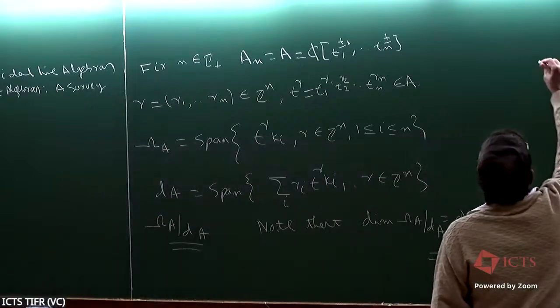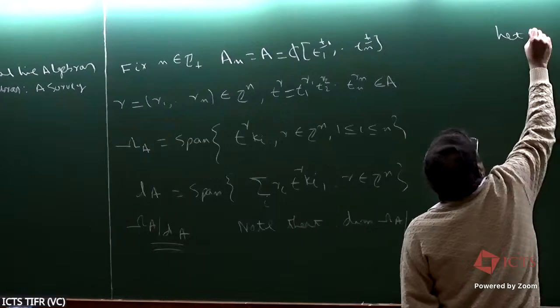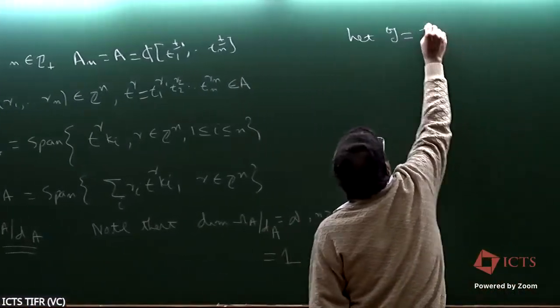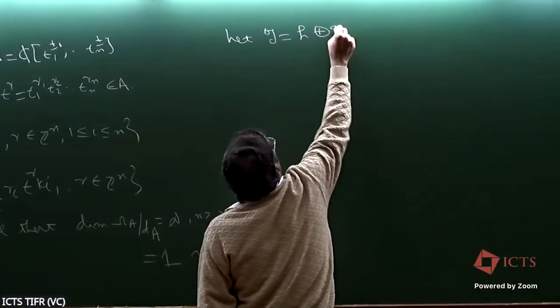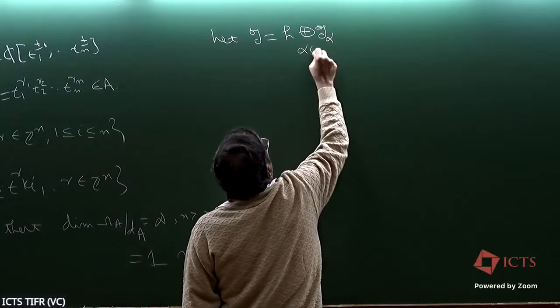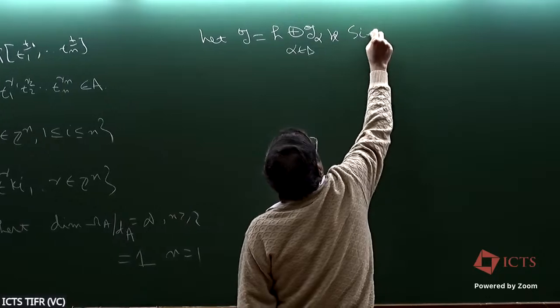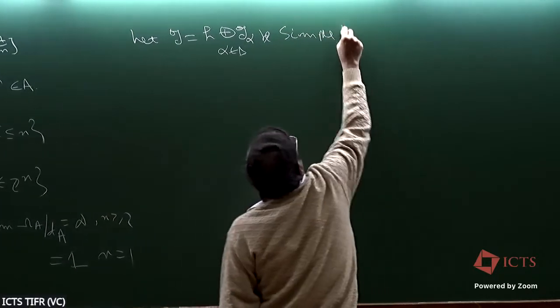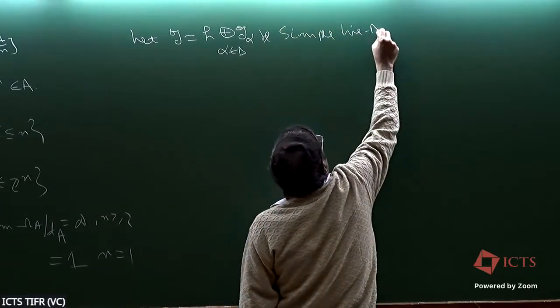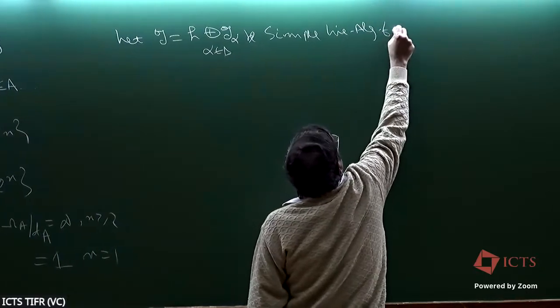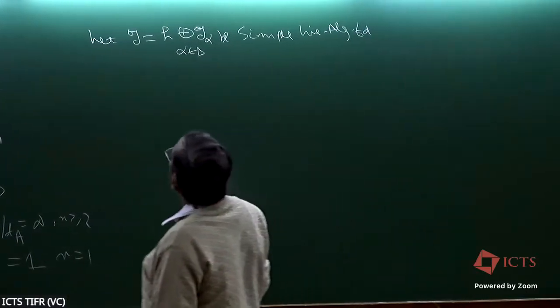Now let g be a simple Lie algebra, finite dimensional, over the complex numbers.